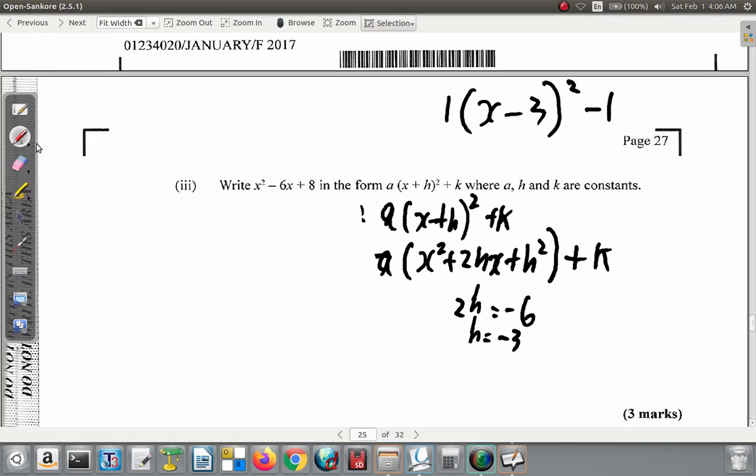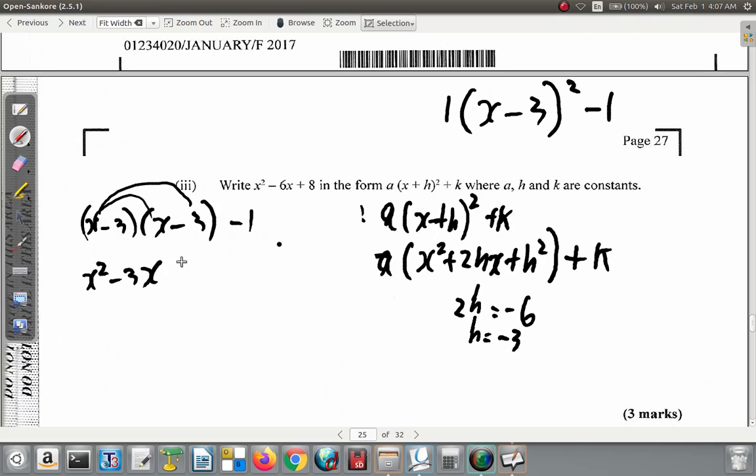So what happened here is this: (x minus 3) squared is x minus 3 by x minus 3, minus 1. X squared minus 3x minus 3x plus 3 squared is 9, minus 1.